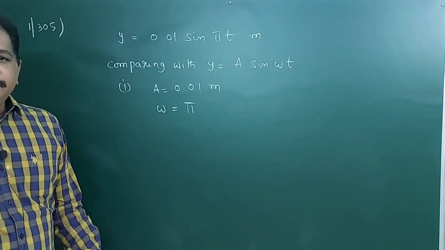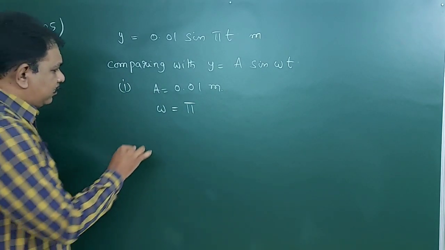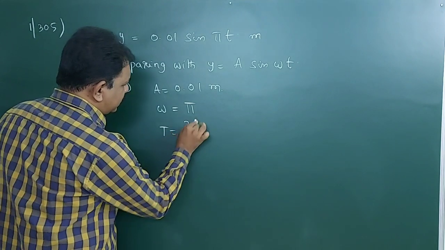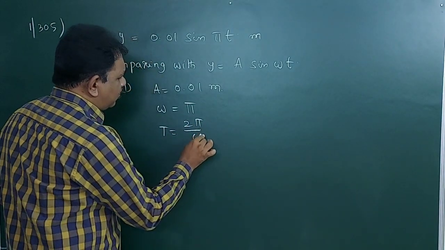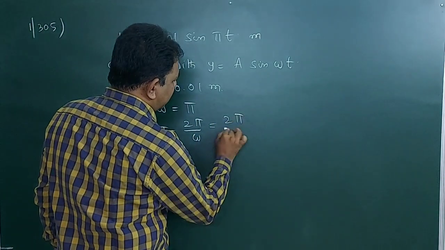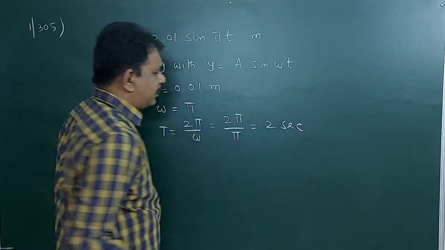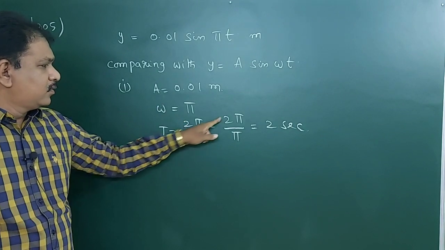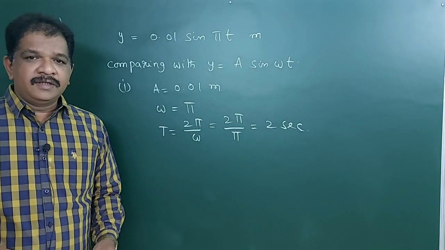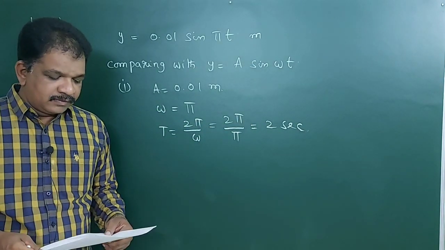Time period, from that we can calculate T = 2π/ω. On comparing, we got ω as π. So 2π/π is equal to 2 seconds.